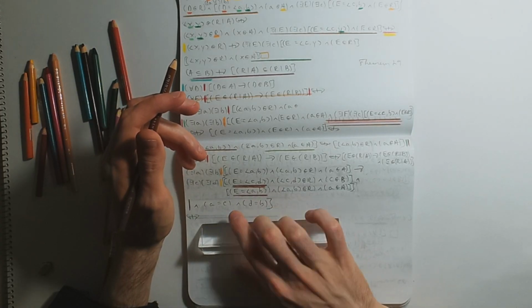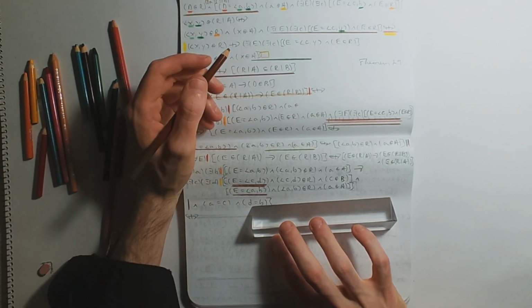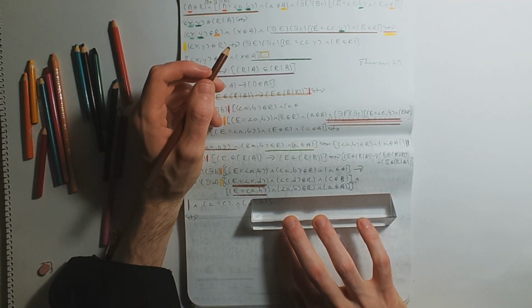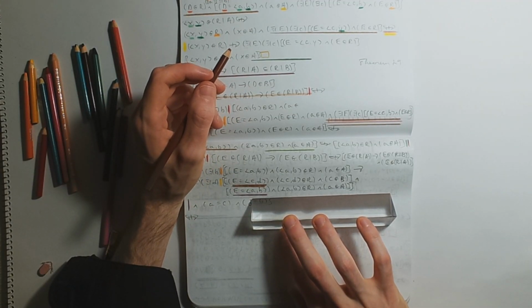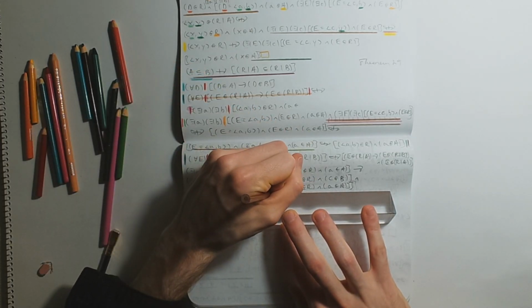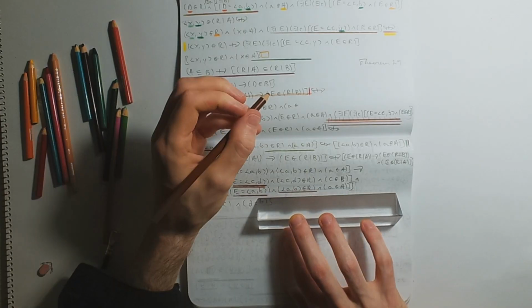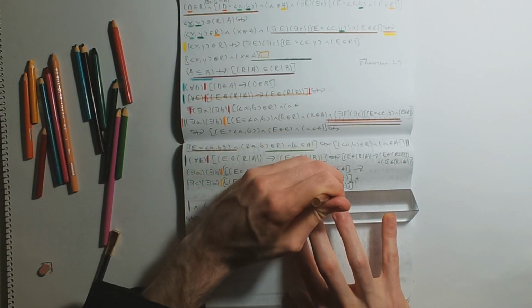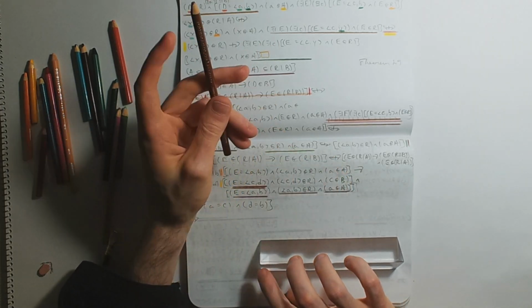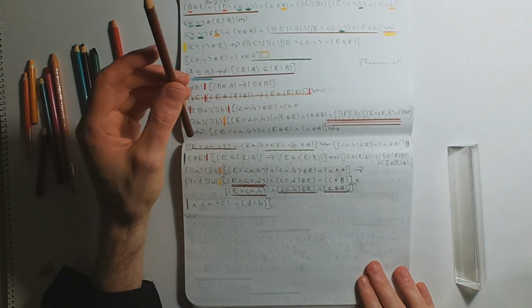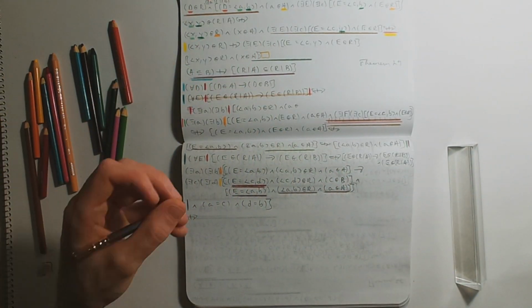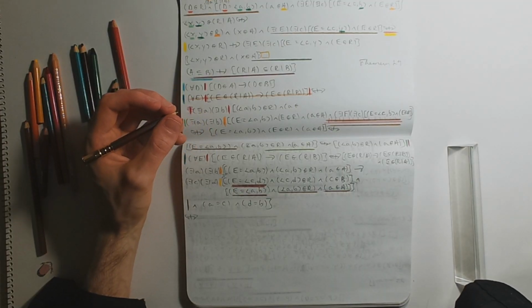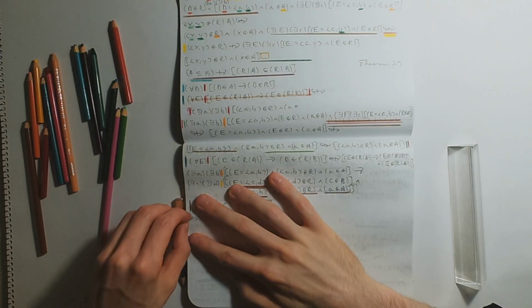Keep that copy of E equals the ordered pair AB lying around, and that'll be our down step.